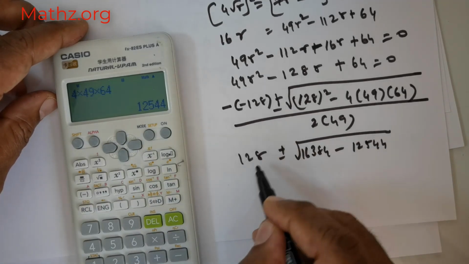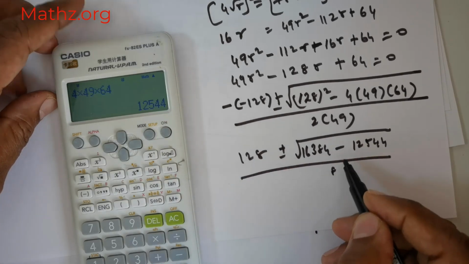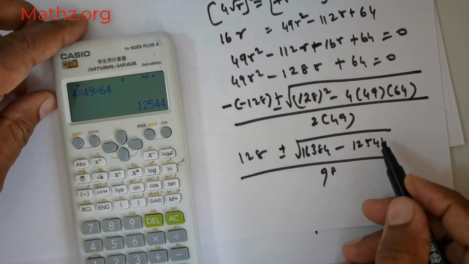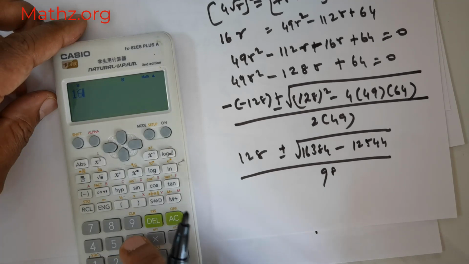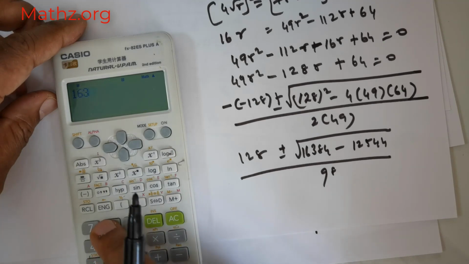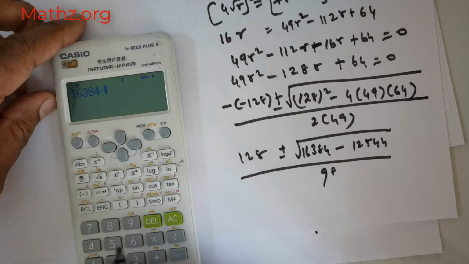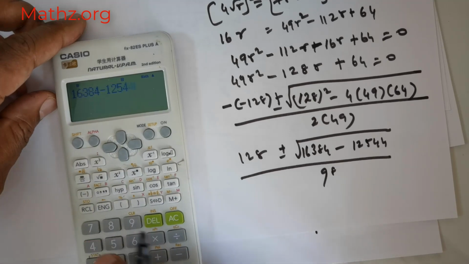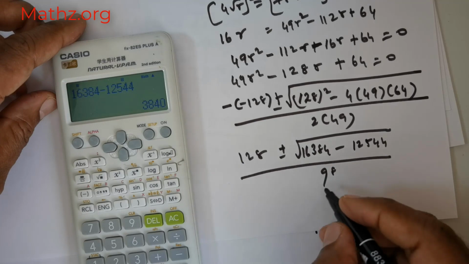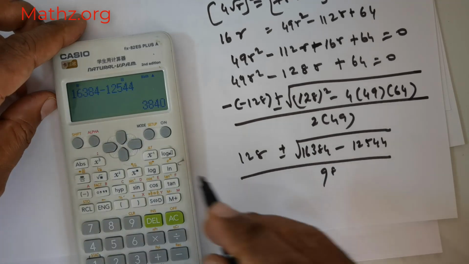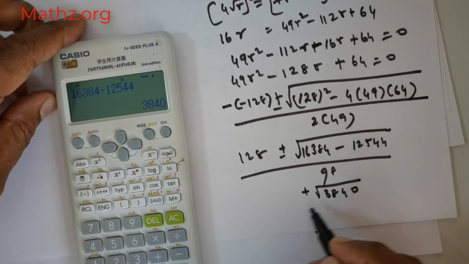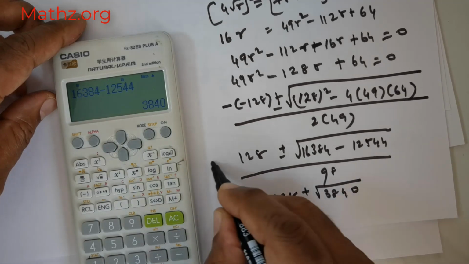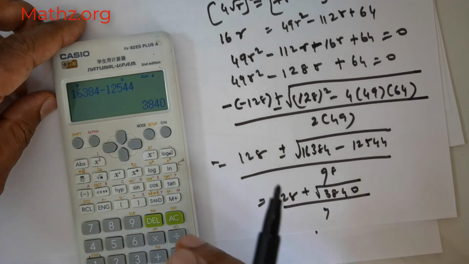You get 128 there divided by 98. So 16384 minus 12544, you get plus or minus root of 3840, and this is 128 divided by 98.